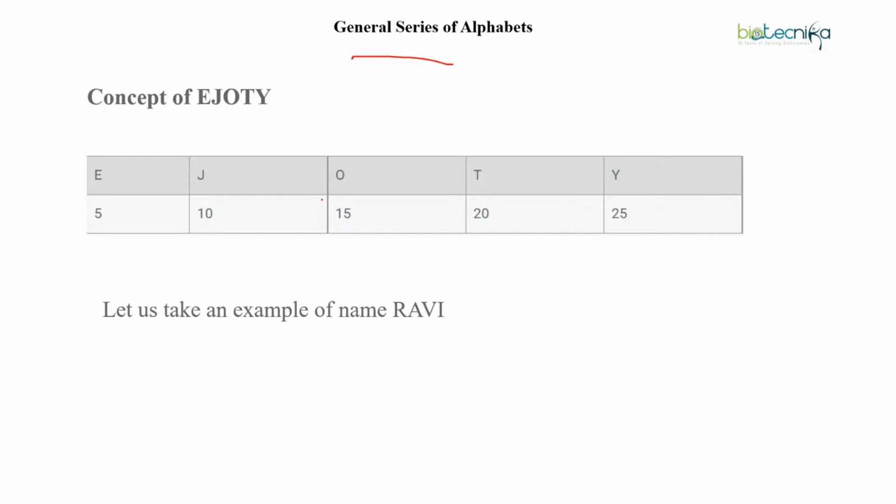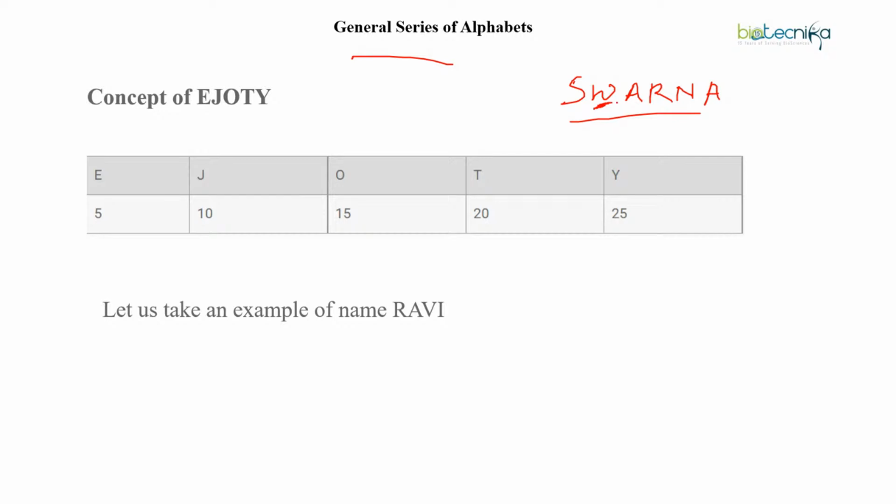So here, suppose I take my name, let's say Swarna, and in my name I have to find out W, इसका पोजीशन नंबर क्या है. What is the position of W in this particular word, in terms of alphabetical series.